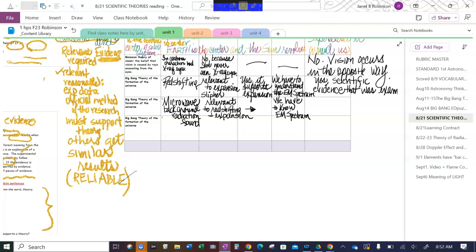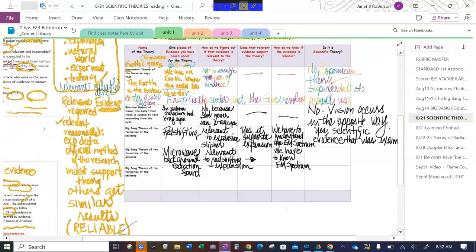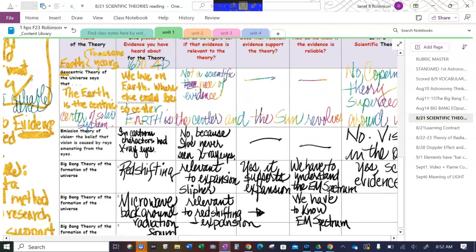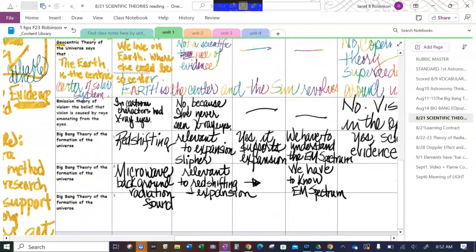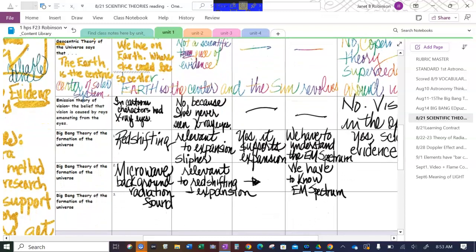We have theories about lots of things because we're thinking beings, right? But a scientific theory differs from that. If you recall, we analyzed older theories like the geocentric theory of the universe, where the Earth was the center and the sun moved around.